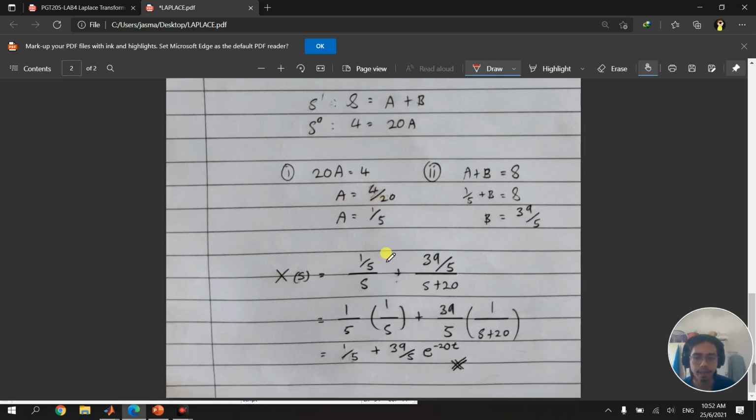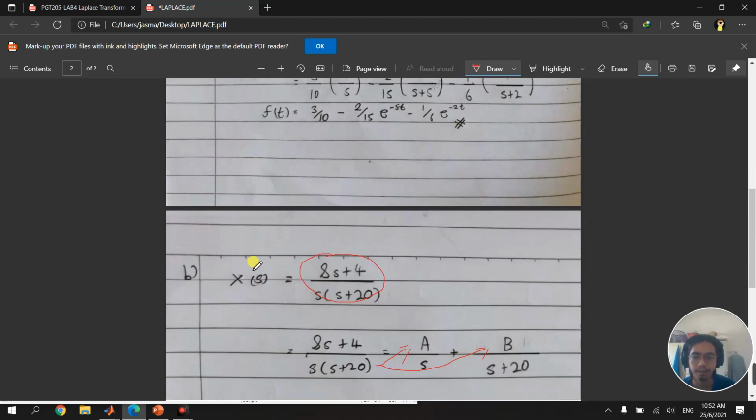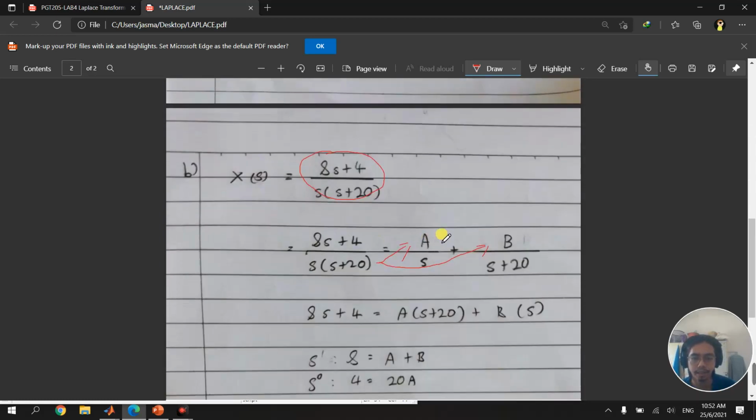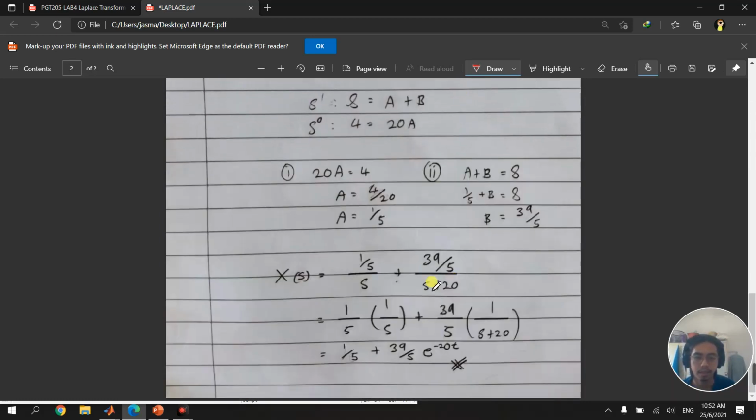Then replace it again in the first equation, which is A plus B. Then we move the numerator outside, so we can get a value to compare in the table, which is 1. Then we get 1 over 5, 1 over s is 1, and 39 over 5 exponent, which is 1 over s plus 20 after Laplace.